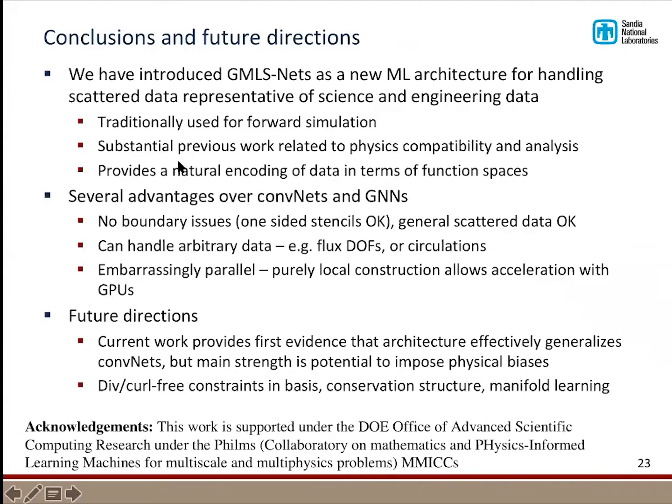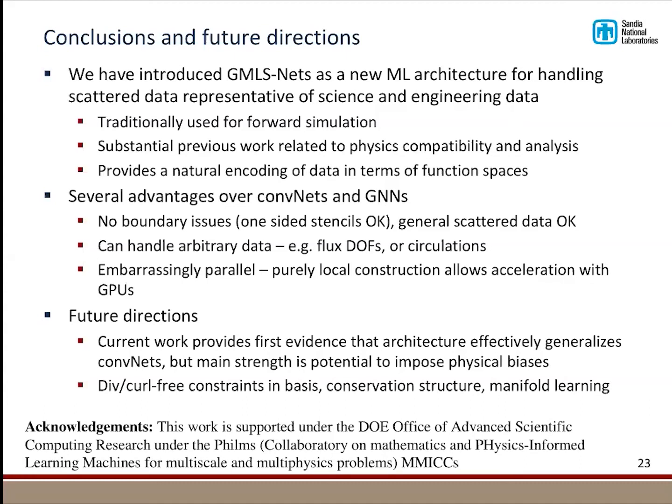So we've introduced GMLS-Nets. It's a new architecture that generalizes convolutional networks. It's very similar in spirit to what a lot of people have been working on with graph neural networks, but it has some key advantages. So, it fixes the boundary issues and the problems with handling scattered data that convolutional networks have.